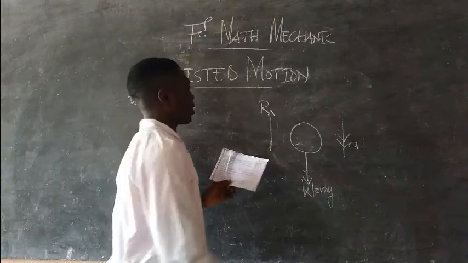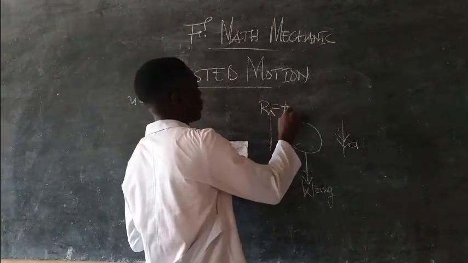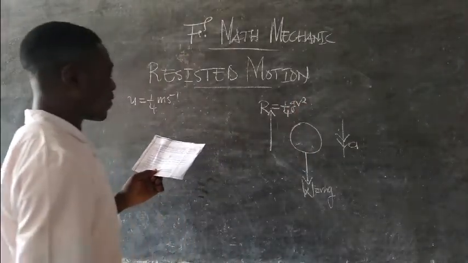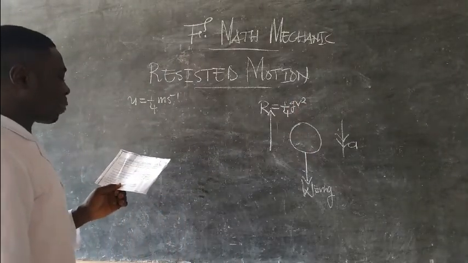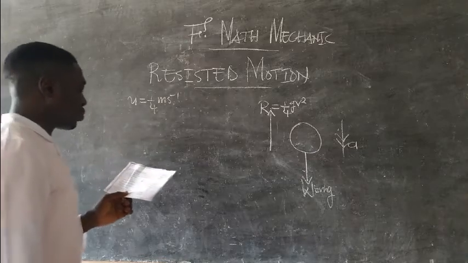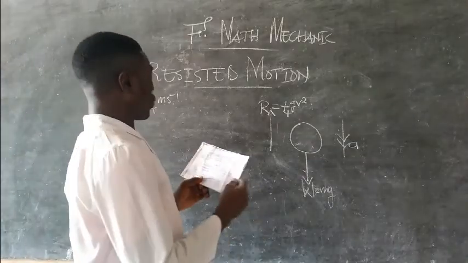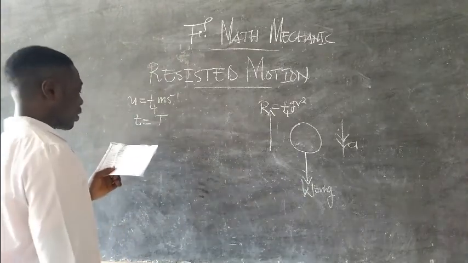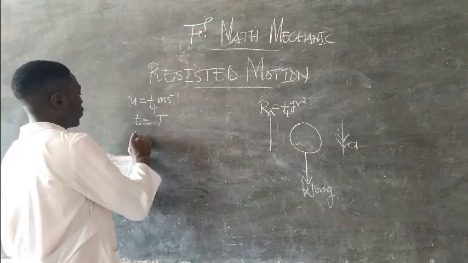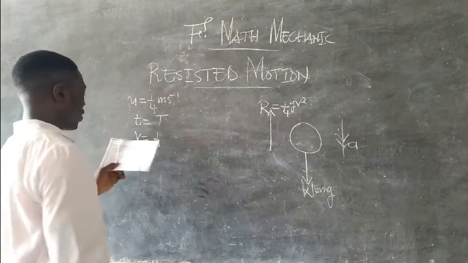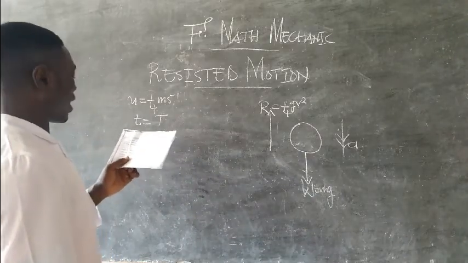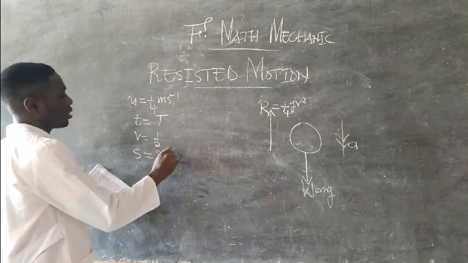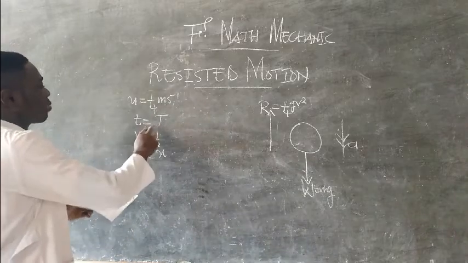1/4 GV squared. So resistance is equal to 1/4 GV squared, where V meters per second is the speed of the particle and G is the acceleration due to gravity. When small t equals capital T, V is equal to half. So the final speed is going to be half, and the particle has fallen a distance x meters at this particular time t.